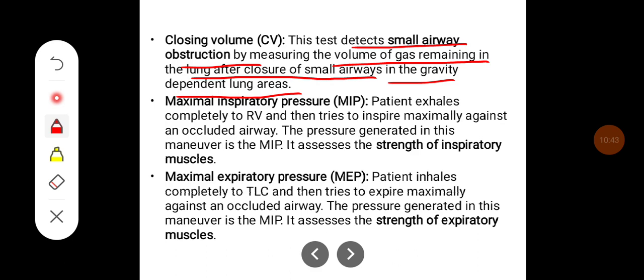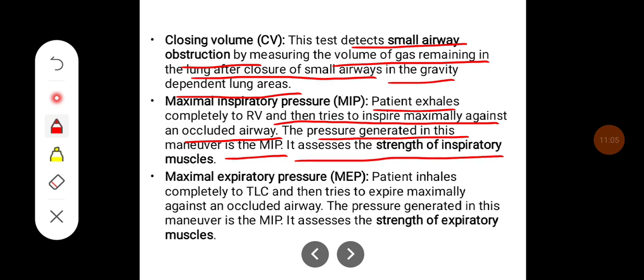Maximal inspiratory pressure is when the patient exhales completely to residual volume and then tries to inspire maximally against an occluded airway. The pressure generated in this maneuver is called maximal inspiratory pressure. It assesses the strength of the inspiratory muscles.